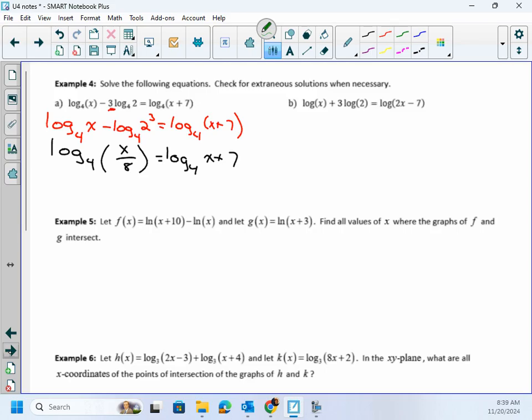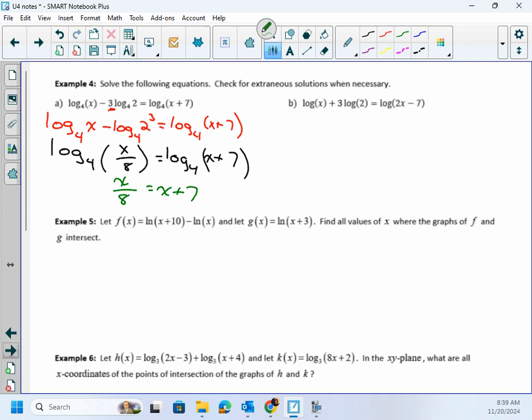And now they're both logs, so I can pull off the base 4s, and I can make it x over 8 equals x plus 7.